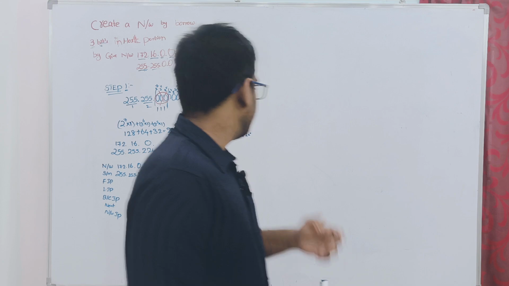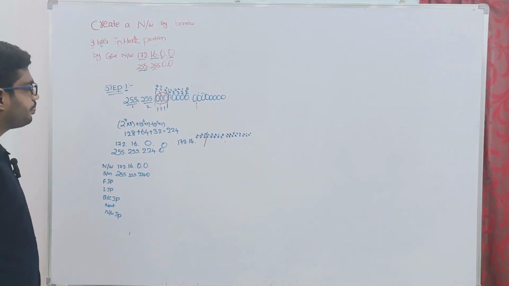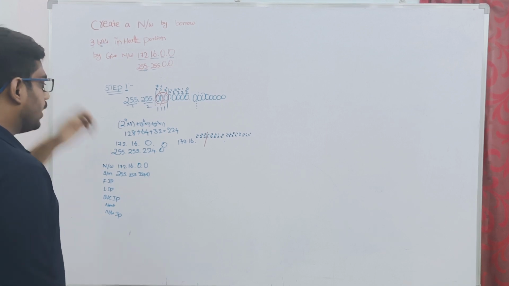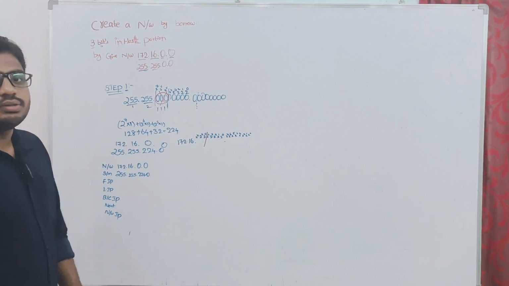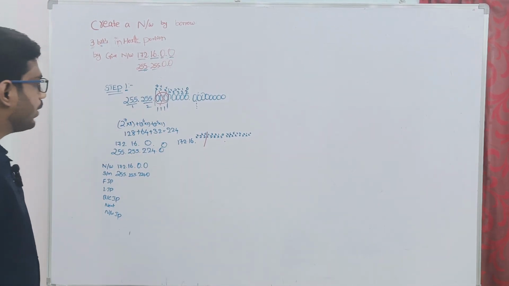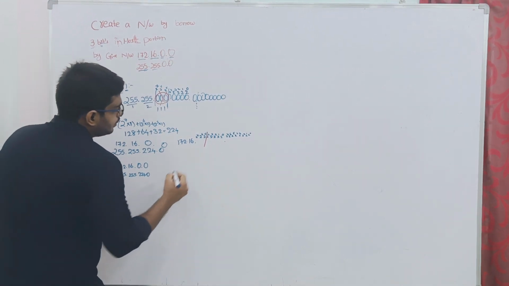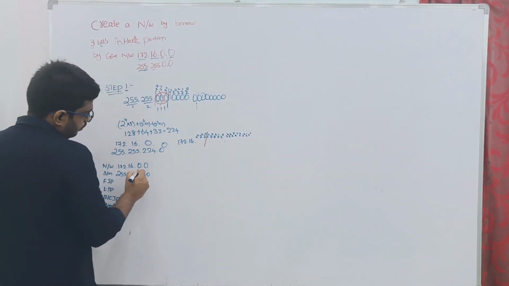Do you want me to explain one more time? If you watch my previous video, you will understand much better. In my previous video I taught for 1 hour about everything to make it clear, so I don't want to explain it again. I write it directly. You want to get this 0.